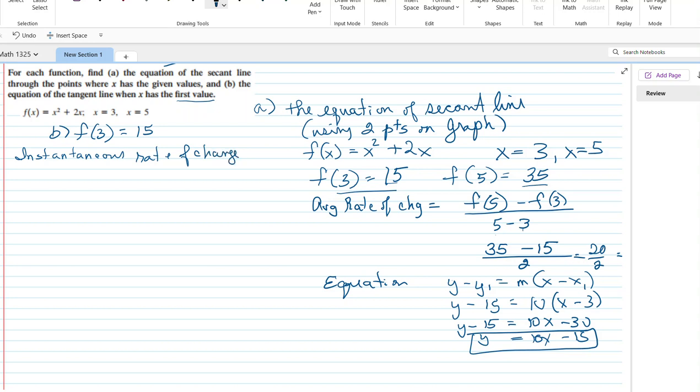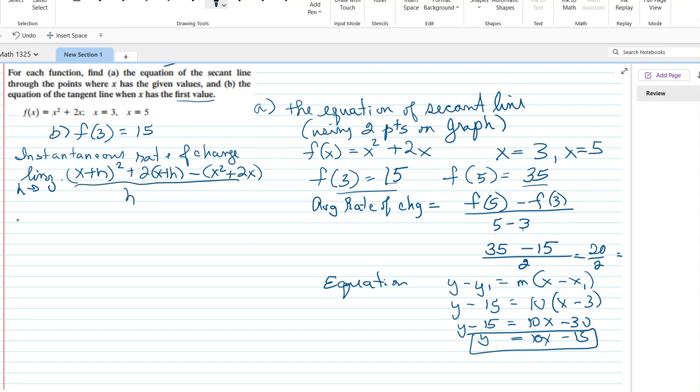Let's look at that. It is the limit as h approaches 0 of the function x plus h squared plus 2 times x plus h minus x squared plus 2x all over h.